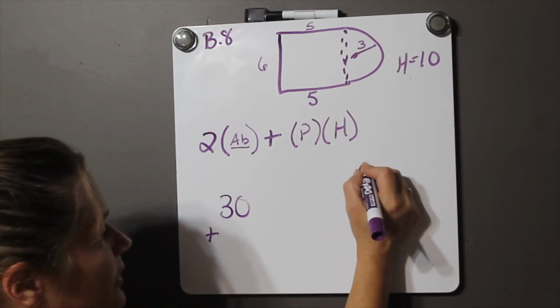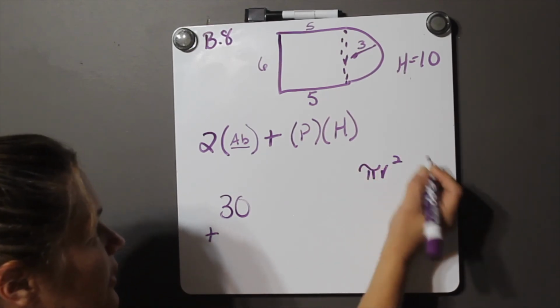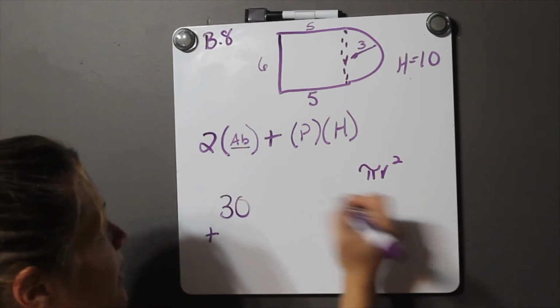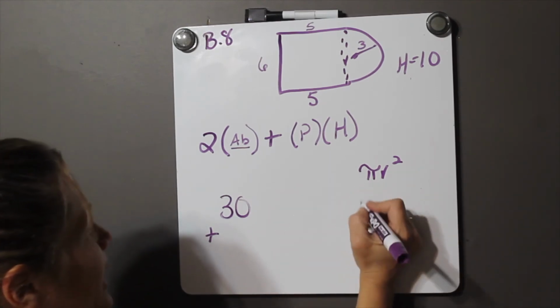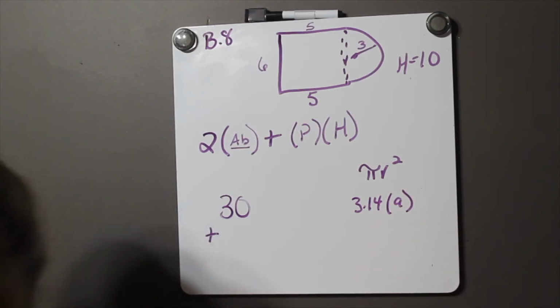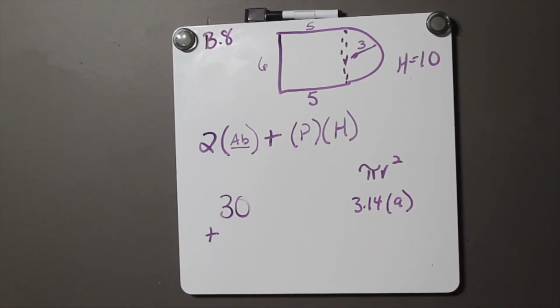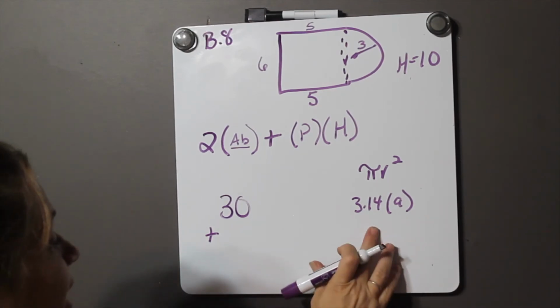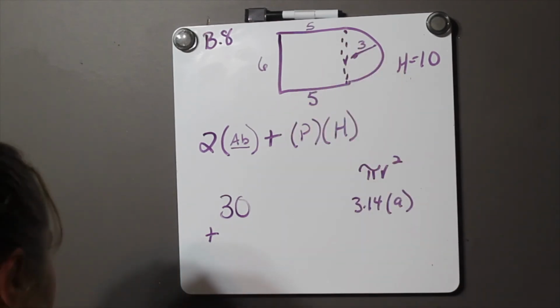So for a circle, we do pi r squared, and r is 3. R, 3 squared would be 9, so 3.14 times 9. Grab my calculator and do that. 28.26, but we have to divide that in half because it's only half a circle.